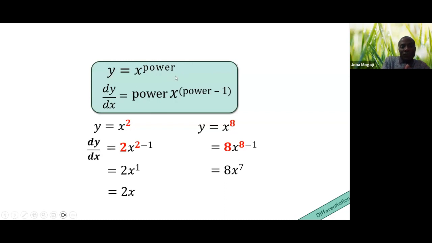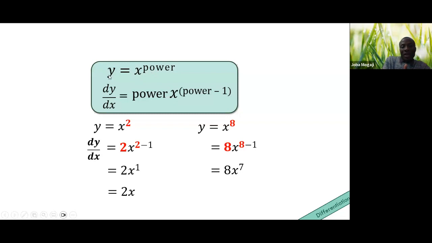For you to differentiate this equation, all you need to do is this will give you dy/ds, which is equal to your power, you bring it down to this side, then you write the equation again, s to the power n minus 1.